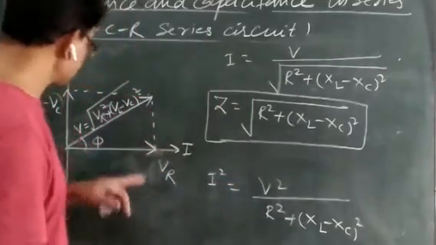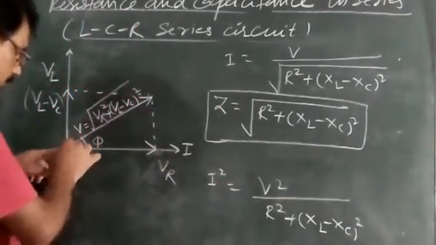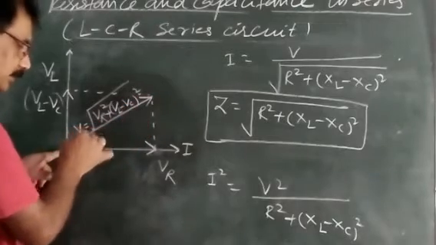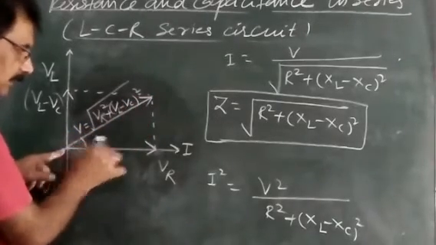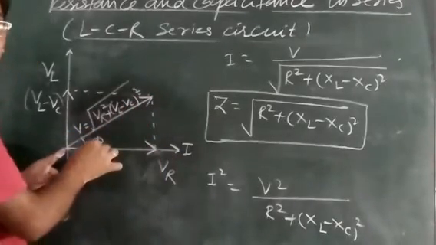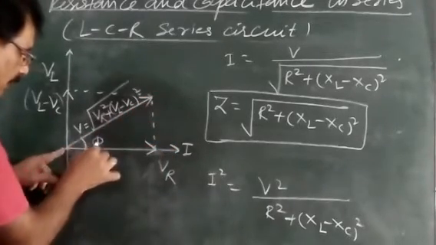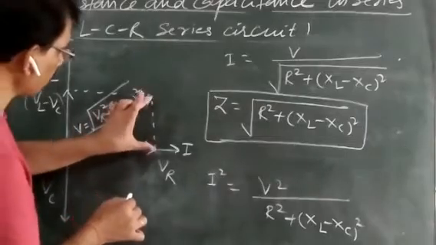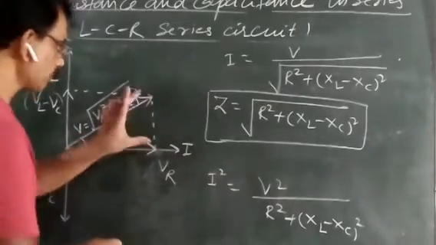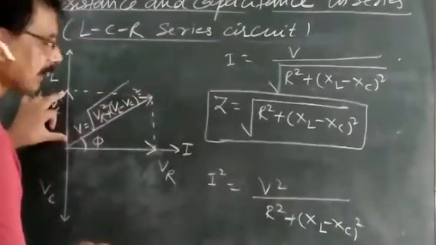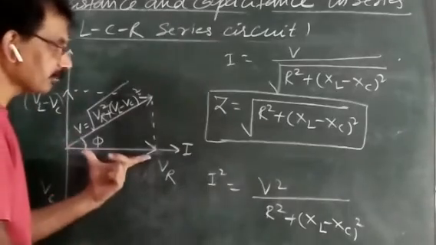One more thing here. In this case, applied voltage V leads the current I by phase angle phi. So from this triangle, this one is a right angle triangle, you can write tan phi is equal to perpendicular upon base. Perpendicular means you will take VL minus VC. Base means VR.